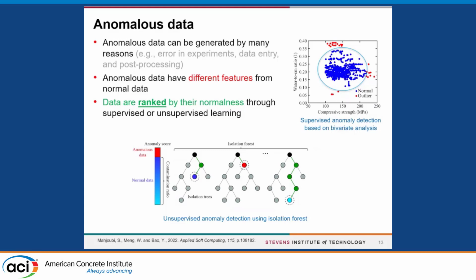But the good thing is that, based on data science, the anomalous data have different features from the normal data. So we can rank the data and differentiate the anomalous data from the normal data through supervised or unsupervised learning.